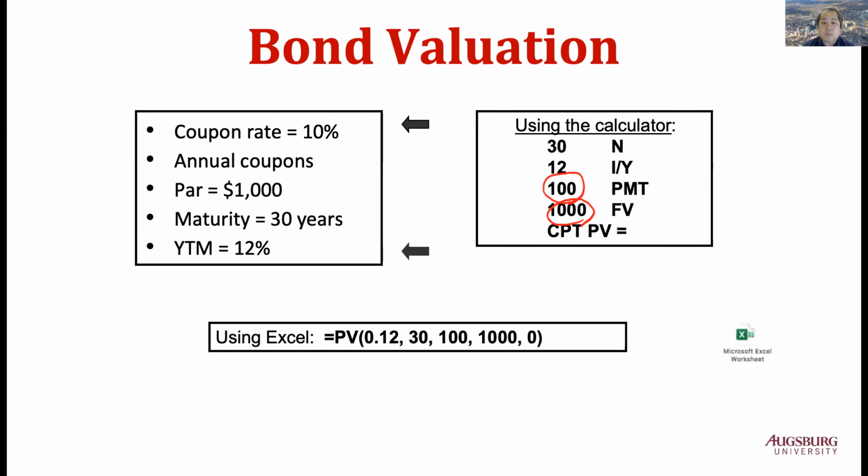If we find the present value with 30 N, 12 I/Y, 100 PMT and 1,000 future value, and compute the present value, then you get negative 838.90, which means that the price should be $838.90.